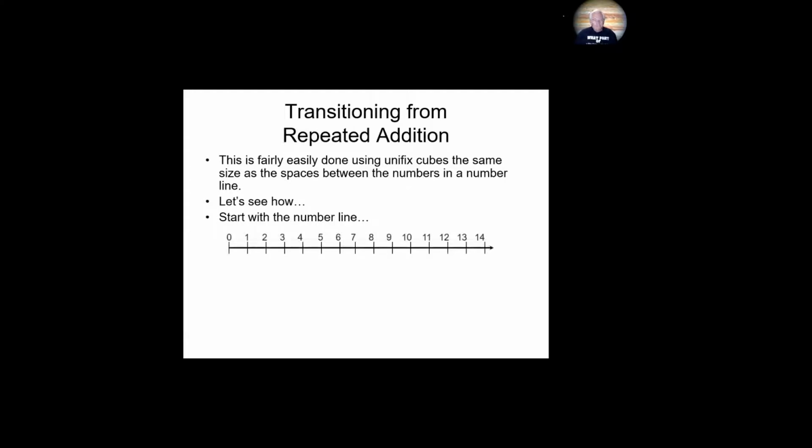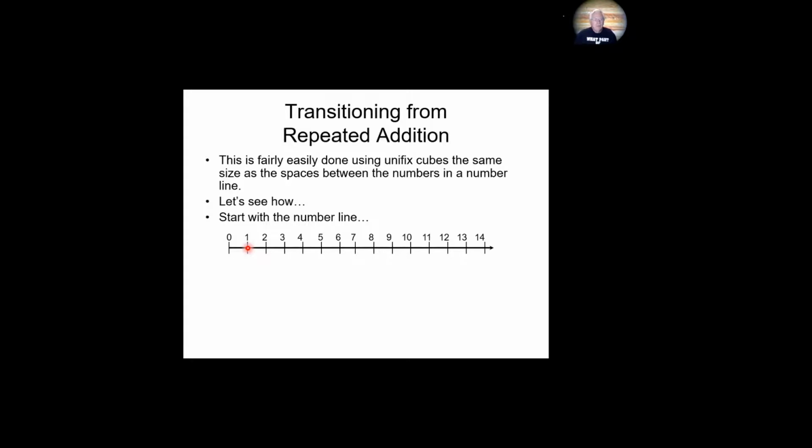First, what we will do is we will start off by having the number line that we used for the original problem. Then we're going to use unifix cubes that are the same size as the spaces between the numbers in the number line. Now, in most schools, one of the rulers that children will have has centimeters on one side.